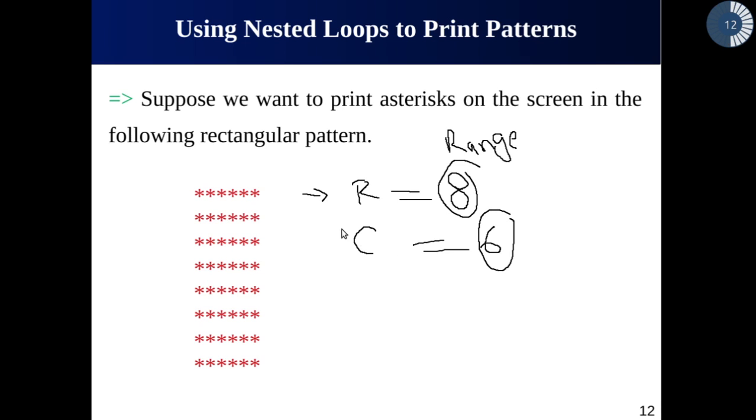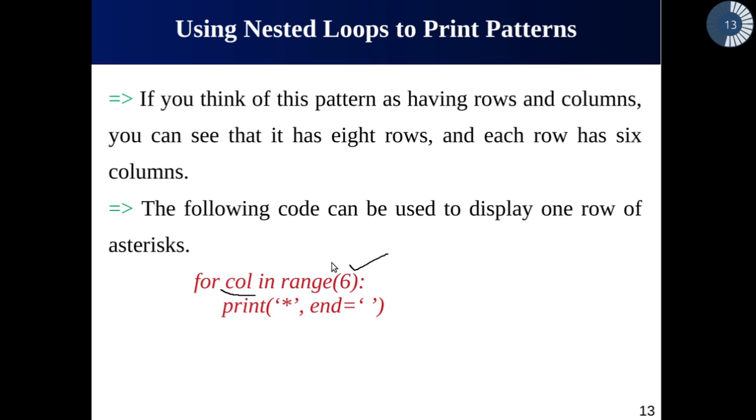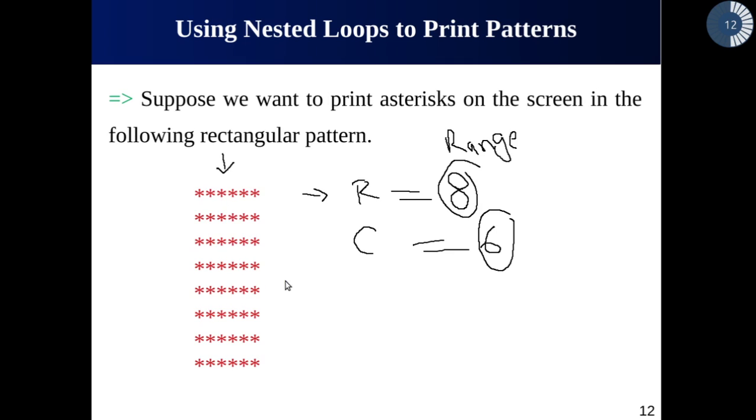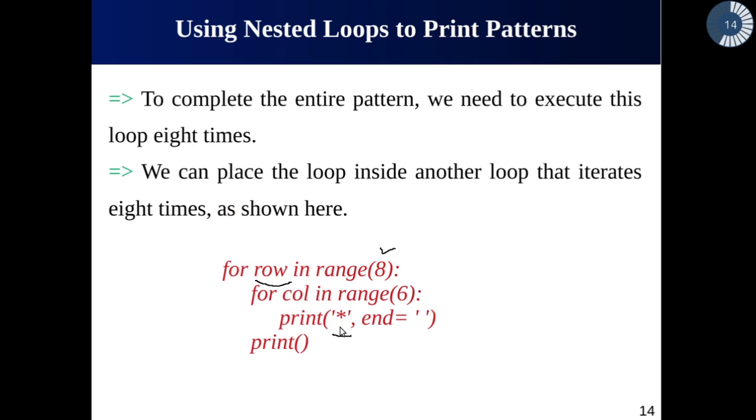Another thing that you need to observe in the problem given to you is which character has been used. So here the character is an asterisk, so you have to use the asterisk character. If it is a hash, for example, then you have to write hash here.